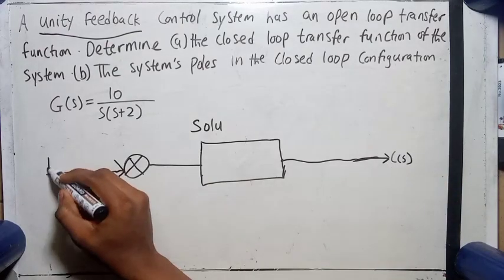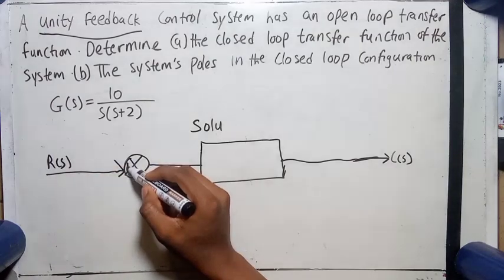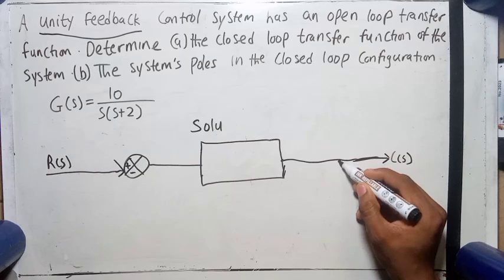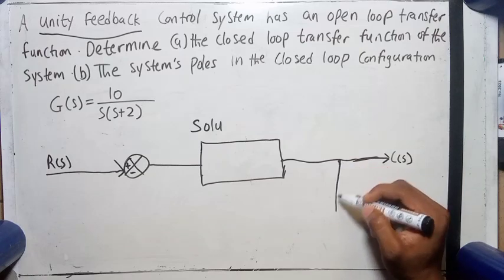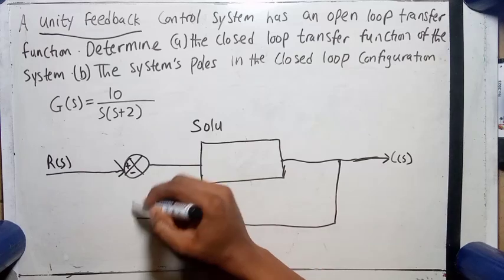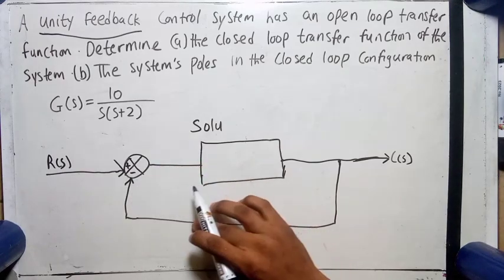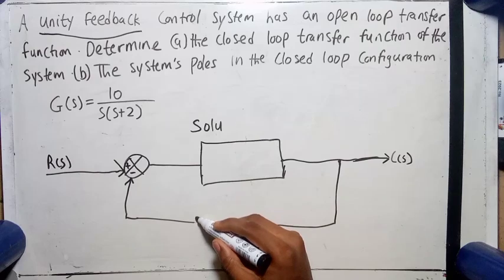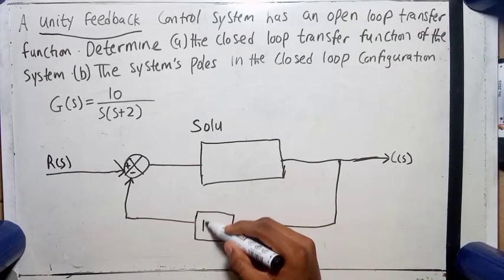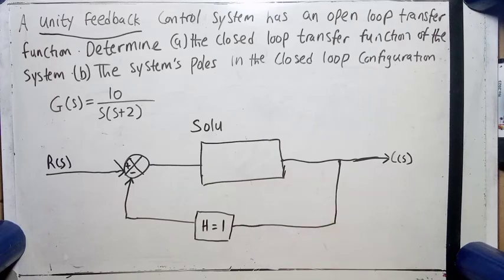C of S represents your output and R of S represents your input. Now here is plus, here is minus. Now let's say we are tapping from here. Our branching point is coming from there. Now at this place we're not going to be having any function, or you represent it like that, or whatever you choose, but they are all correct.